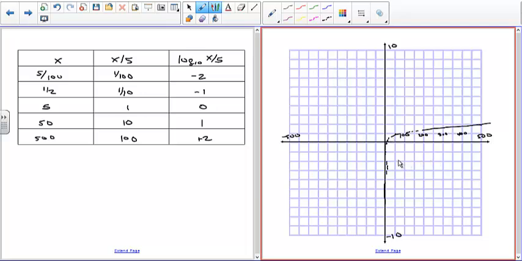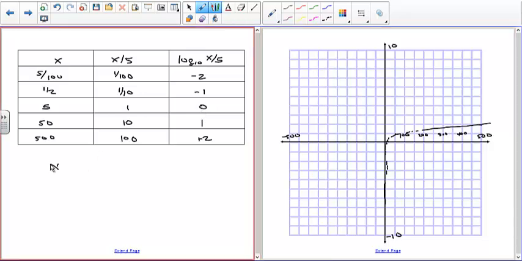As far as the x-intercepts, the x-intercept is when y equals 0, so we could say the x-intercept is x equal to 5, or (5, 0). The domain, I forgot the domain: x has to be greater than 0, because you can see how it approaches. It gets really small but never negative.